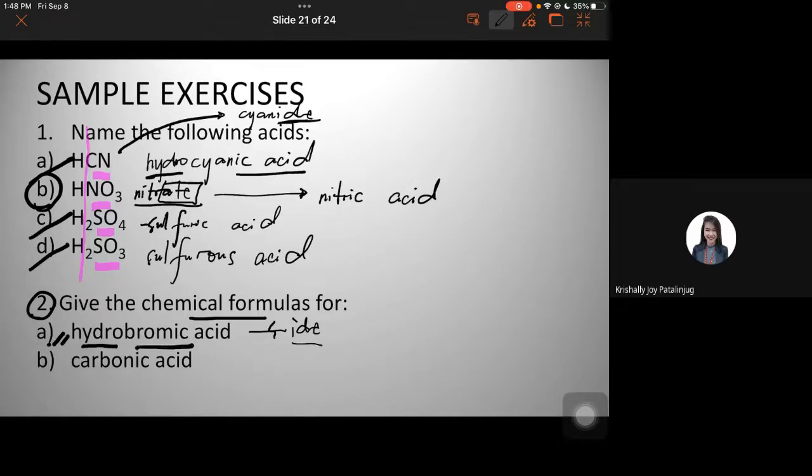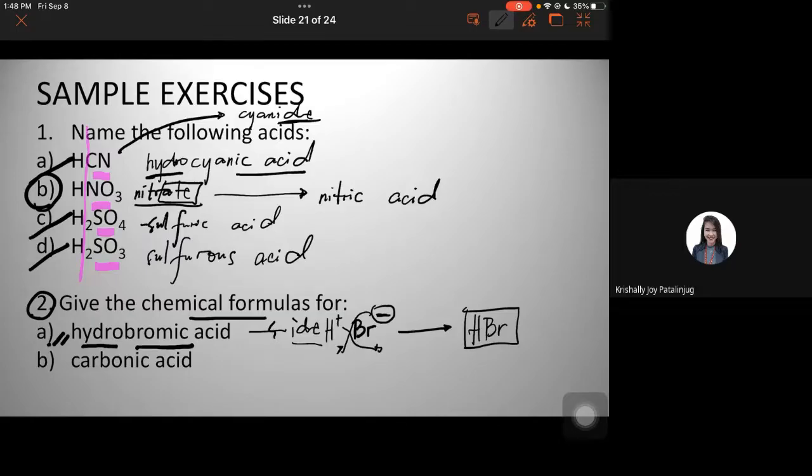So probably this root name bromine is from the anion bromide. When you extract its formula, you simply add H plus here, then cross over the numerical value of the charges. The final answer for hydrobromic acid's formula is HBr.